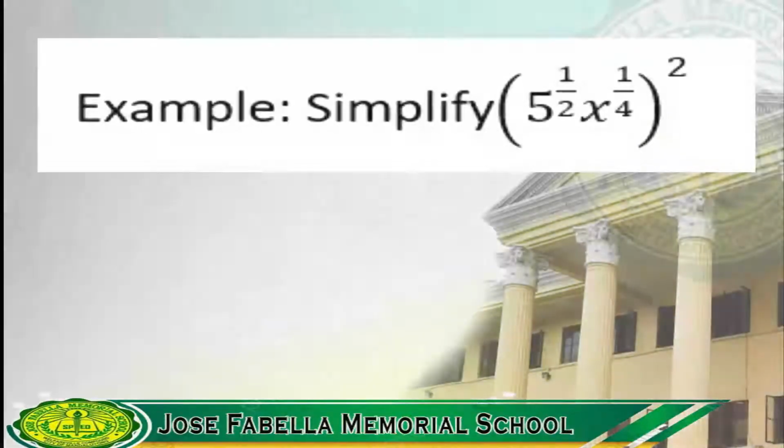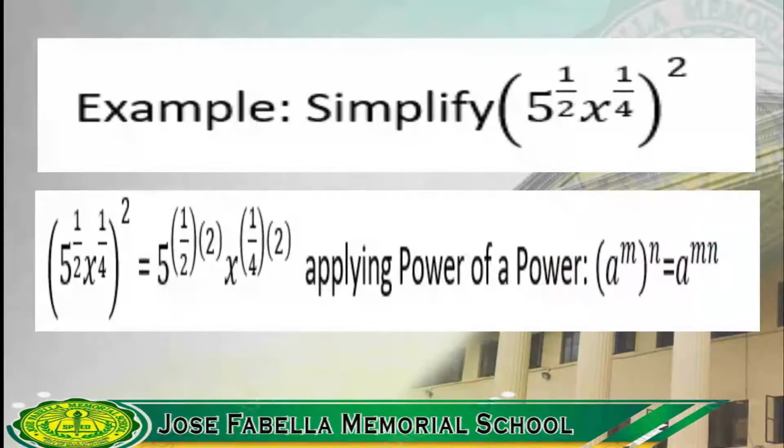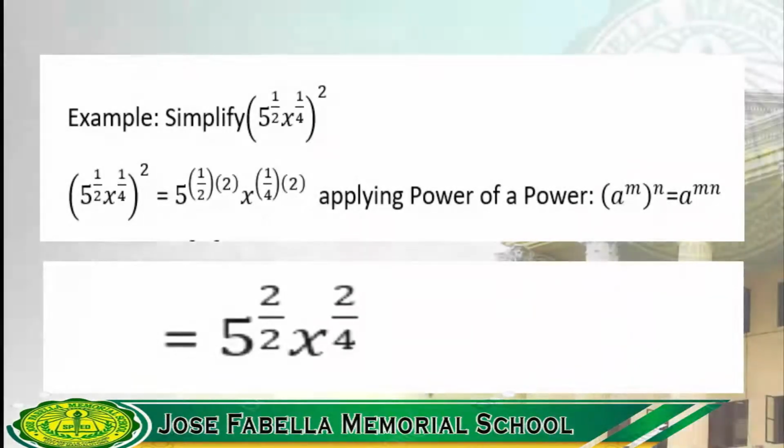Applying power of a power, a raised to m raised to n equals a raised to m times n. So we have 5 raised to 1/2 times 2, x raised to 1/4 times 2 equals 5 raised to 2 over 2, x raised to 2 over 4.